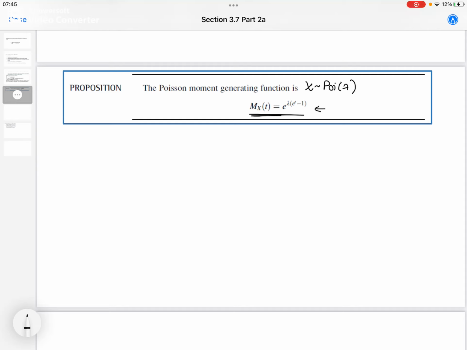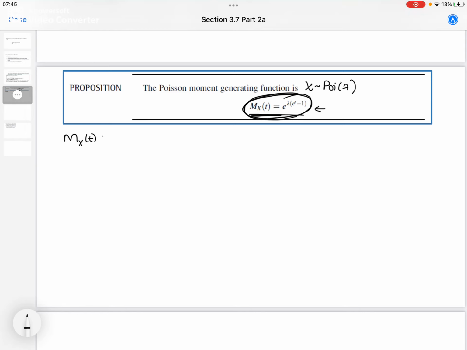So this is the moment generating function of the Poisson distribution. Again, every distribution has its own moment generating function, and it's important that you know how the moment generating function of each distribution looks. Right, so let us prove this.